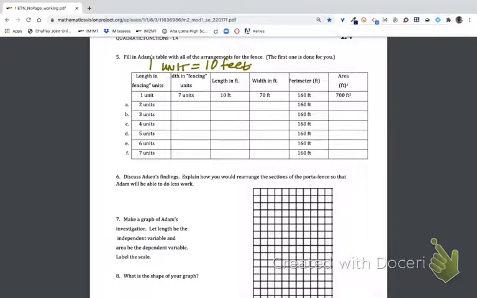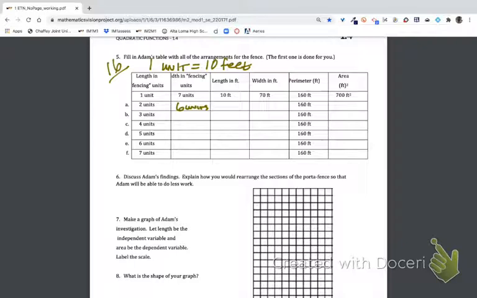We know that we have a total of 16 units of fencing. So we're trying to figure out what our dimensions can be. We know that one side is 1 unit, the other side is 7 units. Well, that means that if one side is 2, then we can say that the other side is 6.